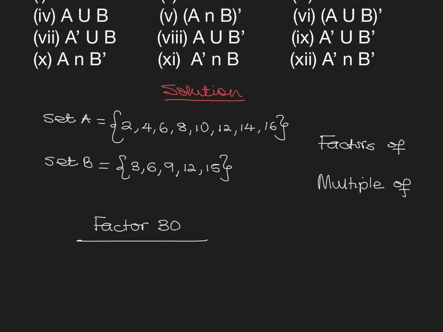So for example, factors of 30: 30 divided by 1, I will have 30 without a remainder. 30 divided by 2, you will have 15, so there is no remainder. 30 divided by 3 is 10. Is 30 divisible by 4 without a remainder? The answer is no, so that is not a factor of 30.